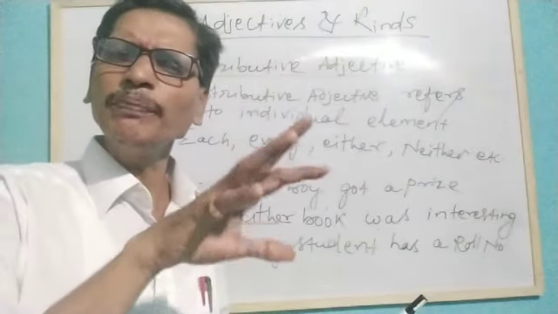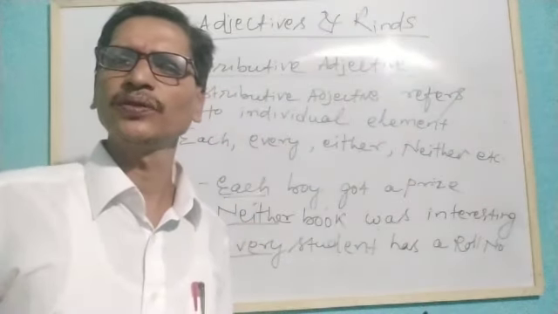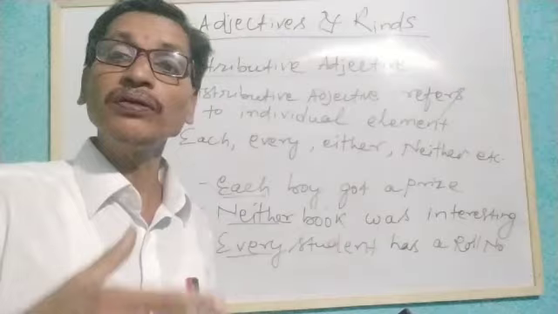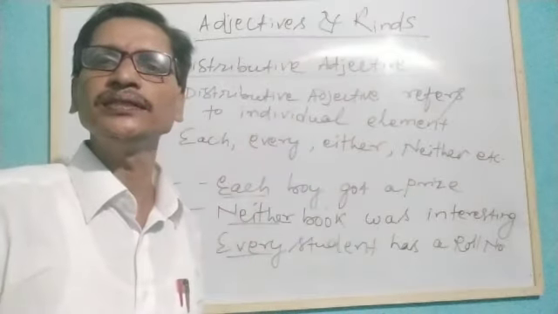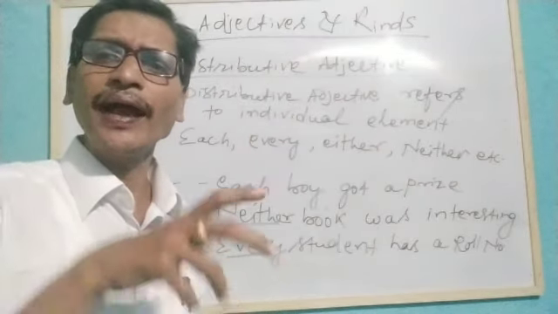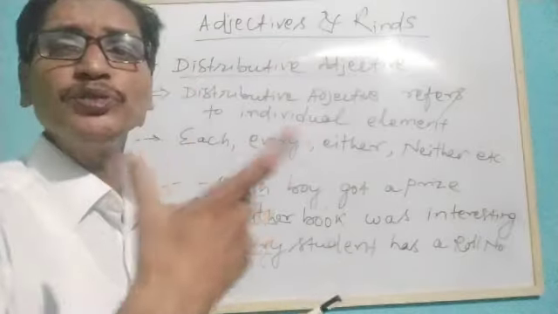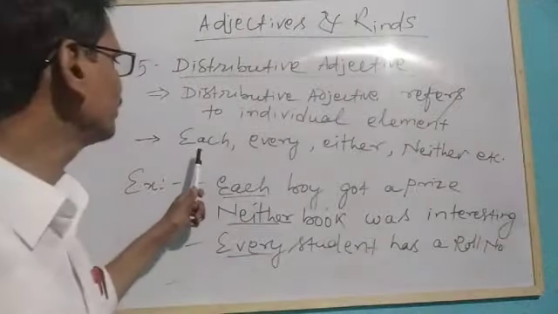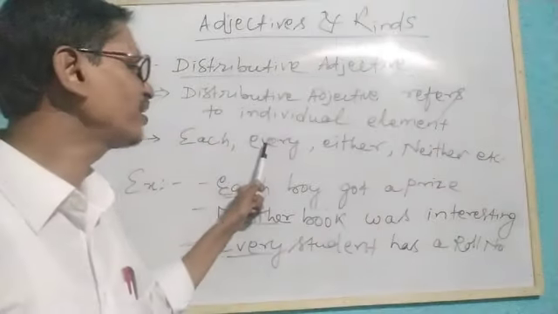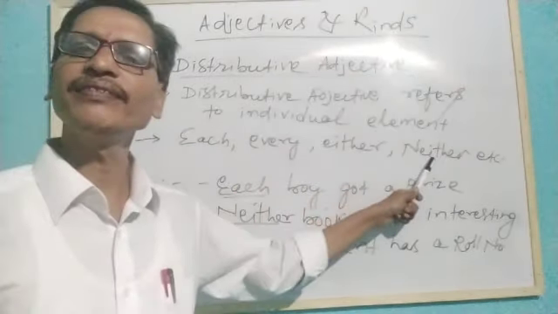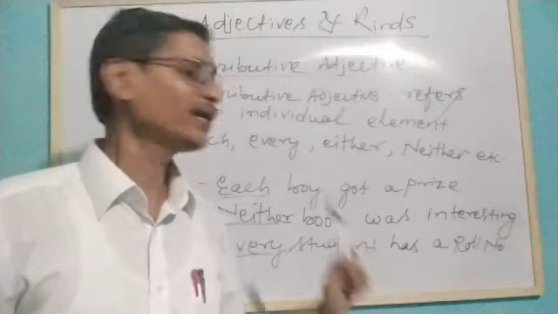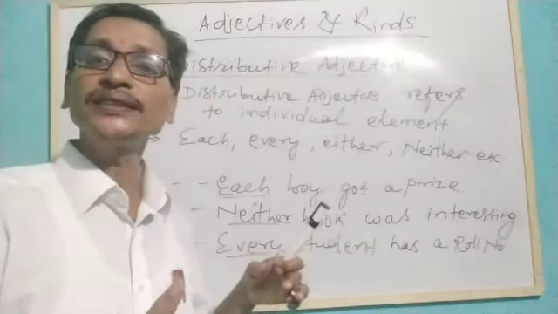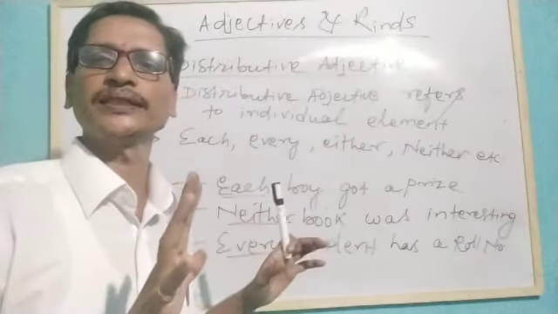We are talking about every one individually. So when we talk about individual elements, we use some words as distributive adjectives. For such words we use each, every, either, neither, etc. They are used as distributive adjectives.